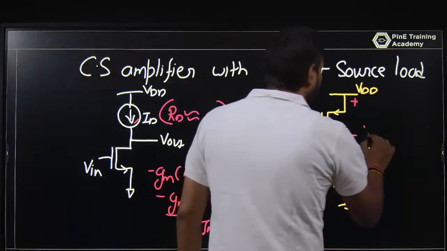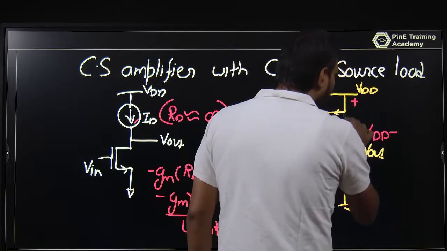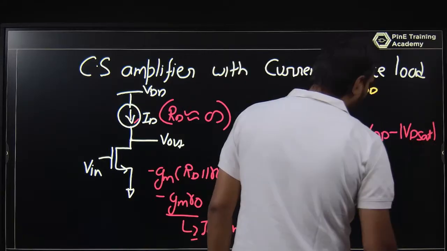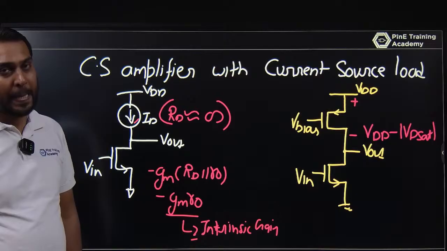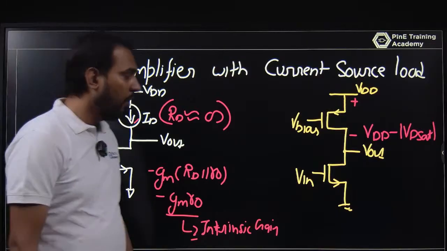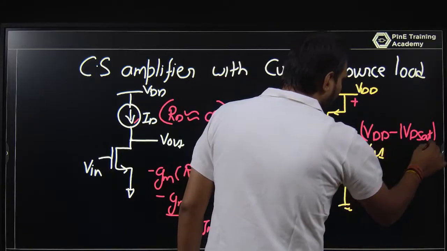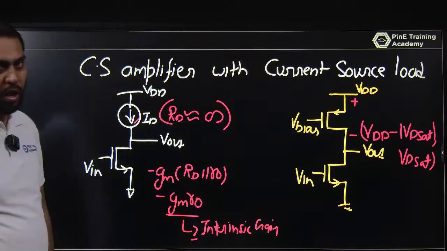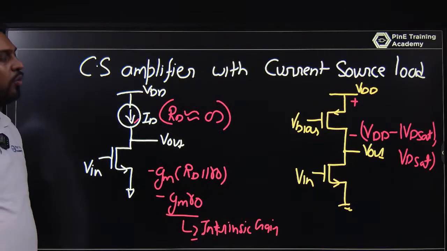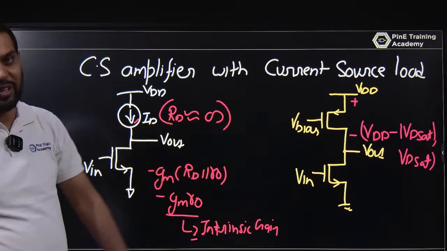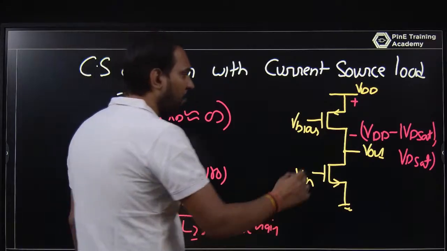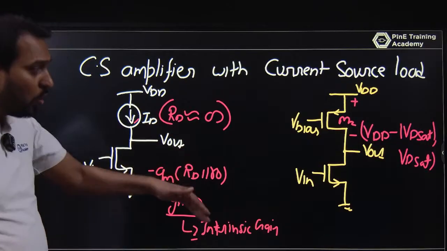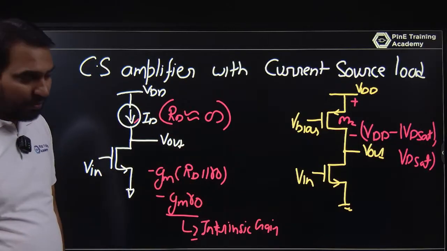So it is VDD minus mod VDS, so I can say VD sat. And at the lower side it is VD sat for an NMOS. Or you can say VDD minus mod of VGS2 minus VTH2, if this is MOSFET M2. So this is VDD minus mod VGS2 minus VTH2 to VGS1 minus VTH1.